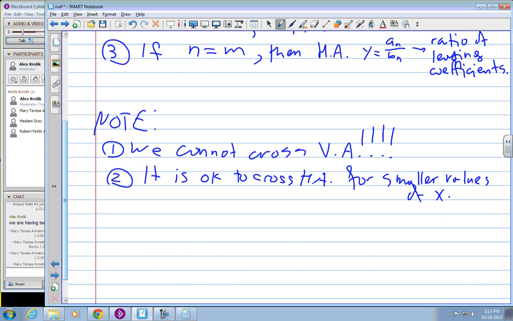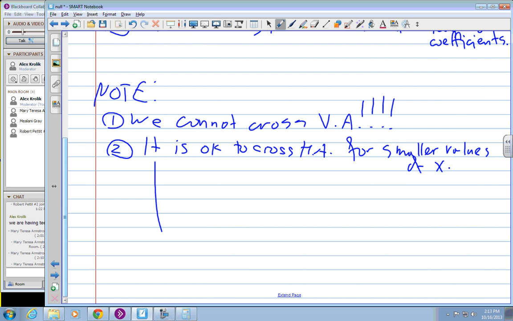So again, horizontal asymptote only matters in the long run. What happens with the large values? But for small, sometimes you just have to cross it. Nothing bad happens. Horizontal asymptote only tells us what happens when x is large. Well, just hypothetically speaking, don't write this down, but let's say you have a horizontal asymptote like this and a vertical asymptote like those two.